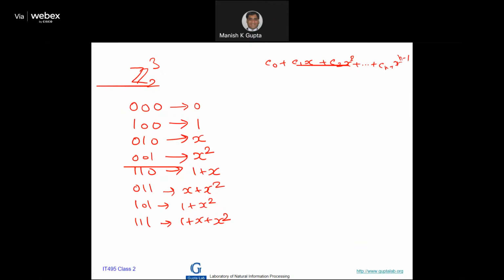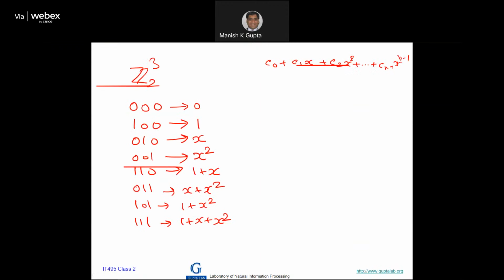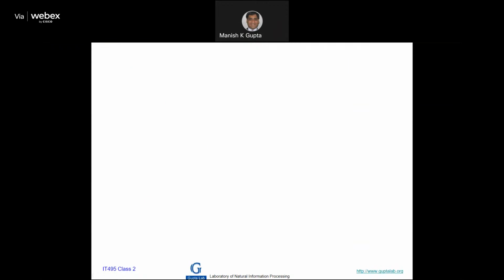So in fact, I have taken a polynomial f of x equal to x square plus x plus 1, and I'm just writing it in terms of notation.